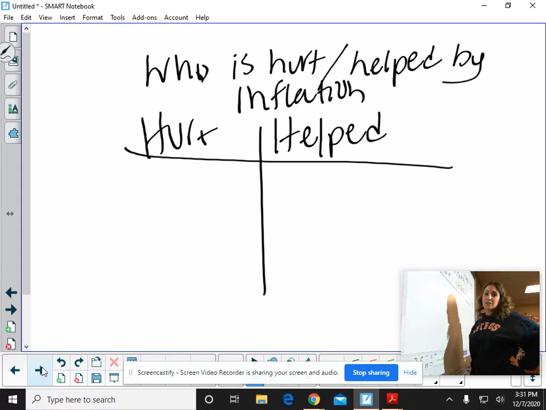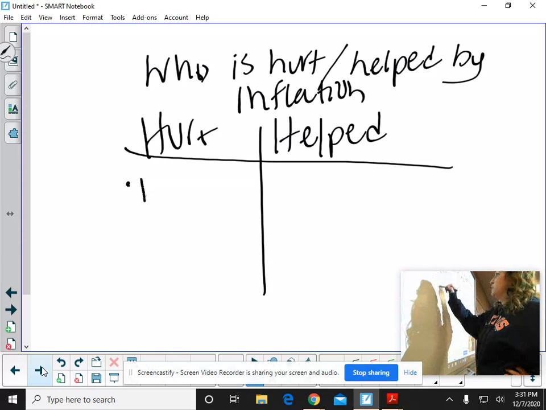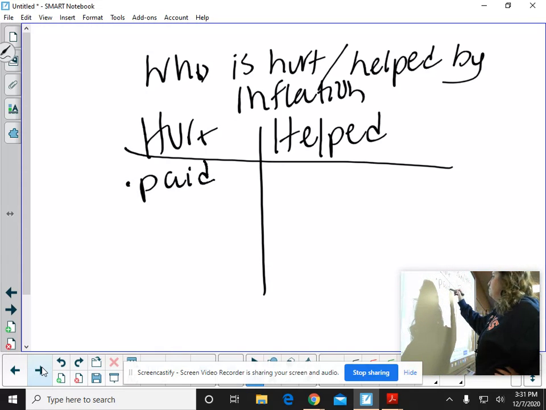So that really stinks if you're being paid money with lower purchasing power. So maybe you live on a fixed income. You only get $600 a month for groceries, for Social Security, or maybe your retirement account, pension, something like that, welfare. And if prices go up, well, it's not like my paycheck goes up. And so now, because each dollar buys less, I'm hurt by this. So anyone that's either being paid or receiving money in some way, maybe they live off a fixed income.